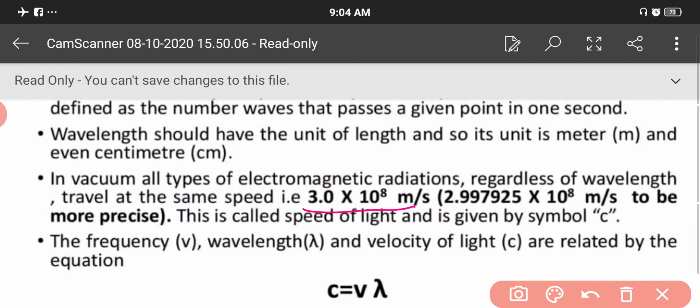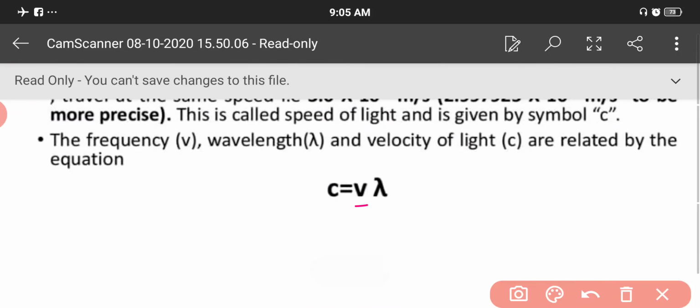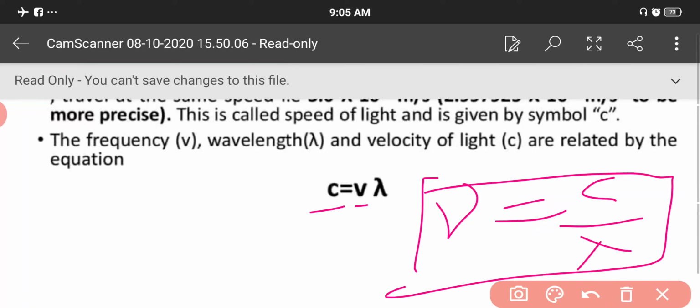This speed of light is symbolized by C. The frequency, wavelength and velocity are related to each other by the equation C is equal to nu into lambda. Lambda is wavelength, here nu means frequency and C is the velocity of light. We can say nu is equal to C by lambda, which is the equation we use in numericals. Okay, so remember this equation.